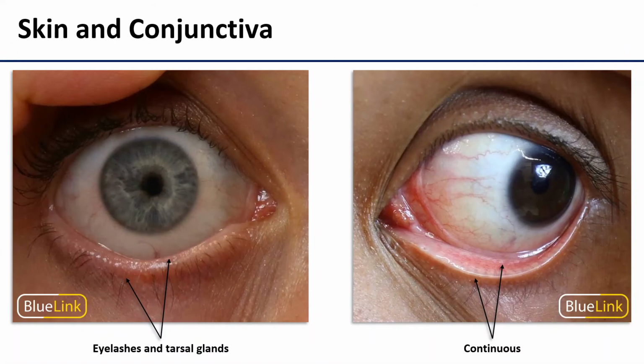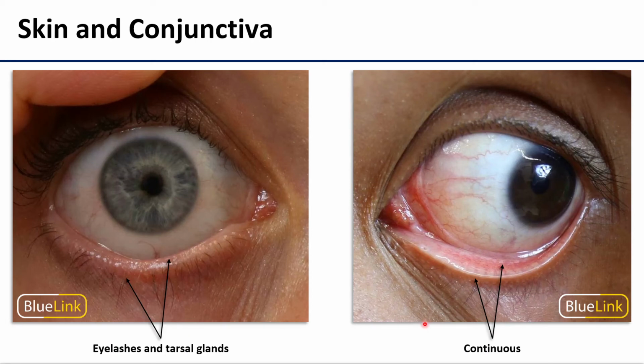Now, maybe somewhat surprisingly, the outermost and innermost layers of the eyelid are continuous with one another. So external to that orbicularis oculi muscle, the eyelid's covered by a layer of subcutaneous fascia and then a layer of skin up on top of that. As that skin creeps up to the margin of the eyelid here, it's going to make a pretty seamless transition into the conjunctiva.